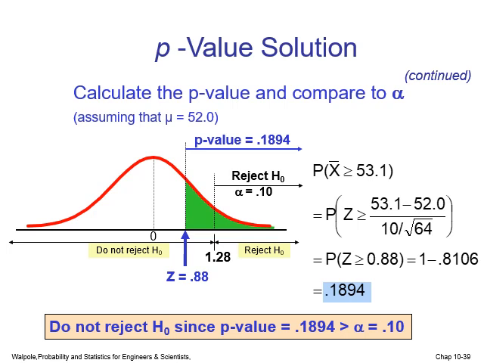Assuming that the mean is 52, we may calculate it, and where the z value equals 0.88, the p-value equals 0.1894. Since this value is larger than the alpha, which equals 0.1, we also cannot reject the H0, or null hypothesis, since the p-value is larger than the alpha value.